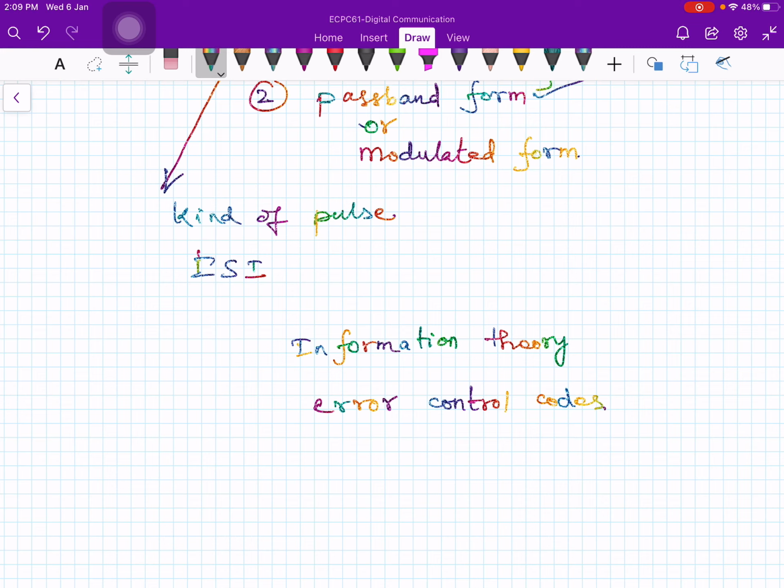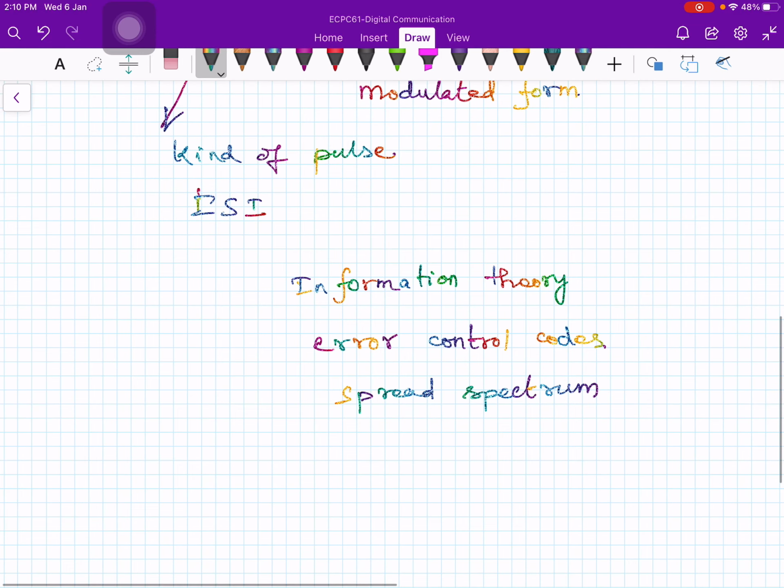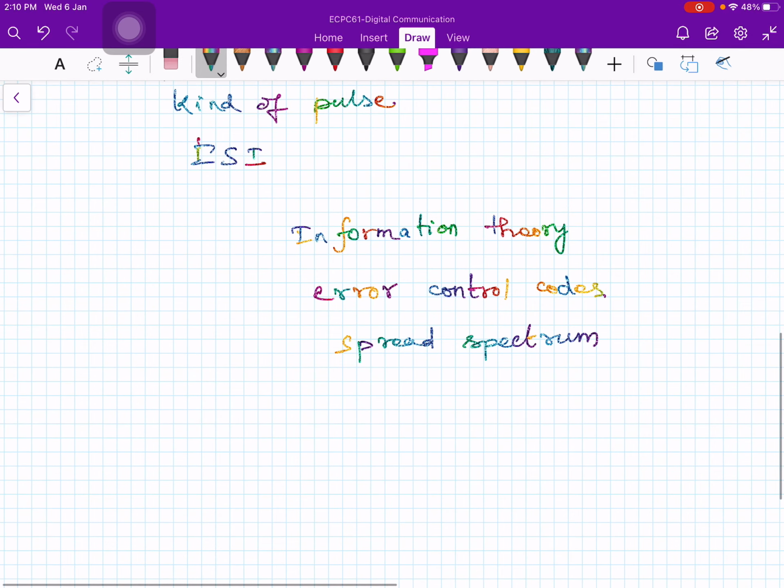If time permits, we will also discuss something related to spread spectrum modulation. There are two types of spread spectrum modulation that we will discuss. So this broadly covers the main topics that we deal with in this course.